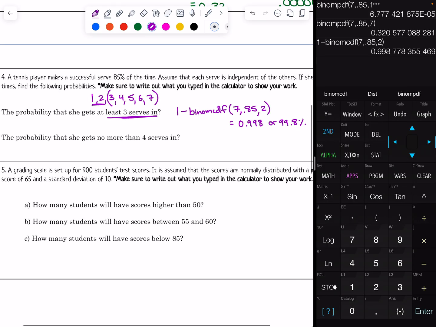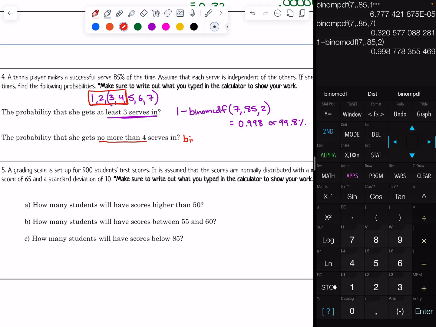The probability that she gets no more than 4 serves in. So if you think of no more than 4, it includes the 4, but we want the probability of 1, 2, 3, and 4. All those would be possible if she gets no more than 4. And since those are on the lower end of our numbers, we don't have to do 1 minus.